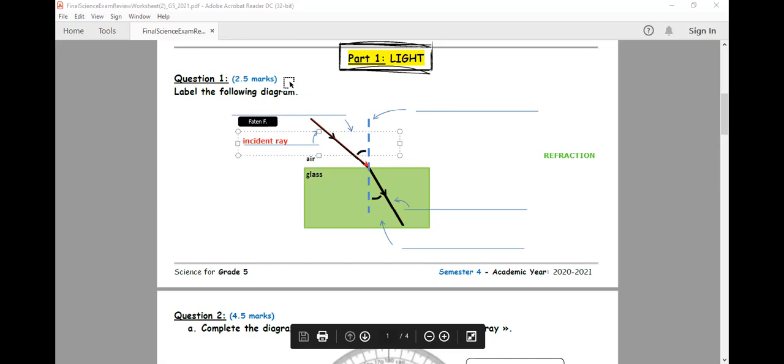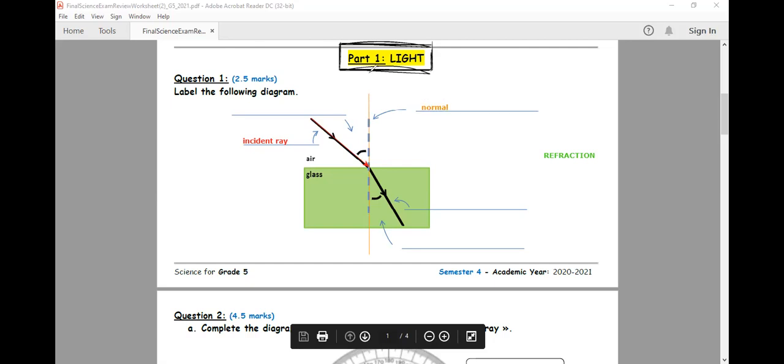Thank you, Yalamar. So this is the incident ray hitting the surface of separation between the air and the glass. And what do we call the vertical line that we draw in order to complete our diagram? Normal. This is the normal. Thank you, Lana. We need to draw the normal to measure the angles.